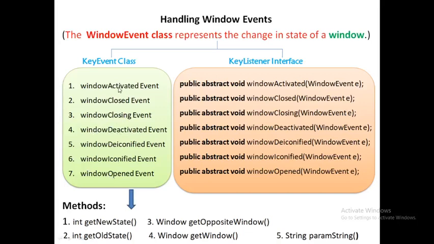These are the 7 window events that will be generated by the window. To handle these 7 window events, we have to use these 7 abstract methods which are available in the WindowListener interface.